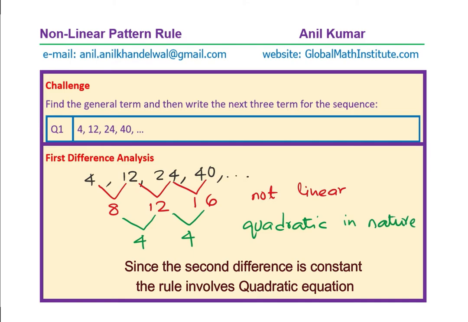So in that case, if n is the term number, the formula for the general term will definitely include n squared, right? So we'll say, let the term number be n. I will also tell you a hint.